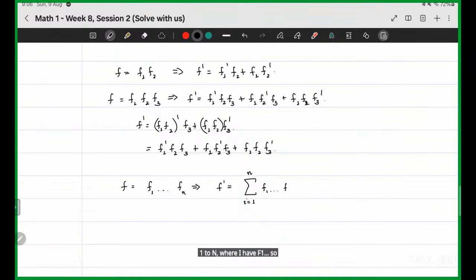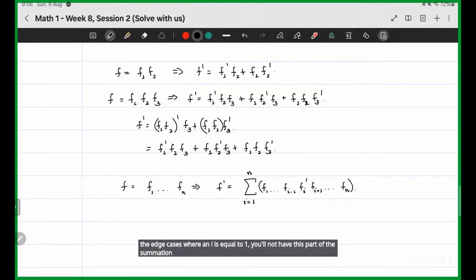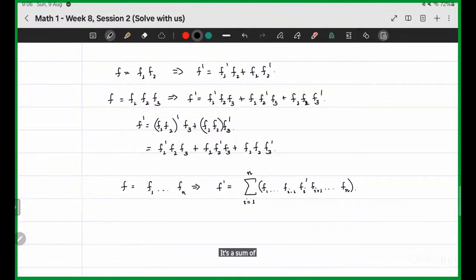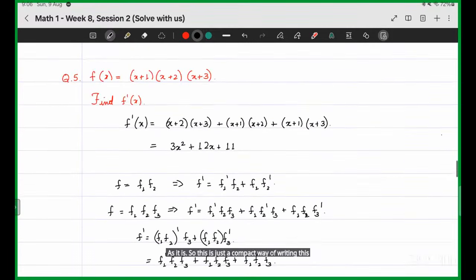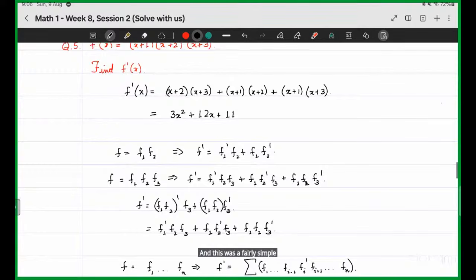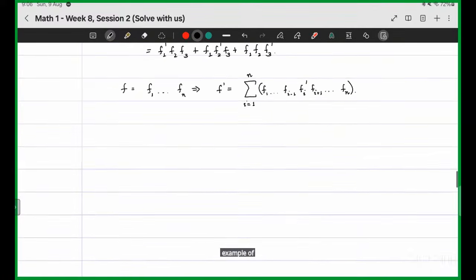When we usually write this, for the edge case where n is equal to 1, you'll not have this part of the summation. It's a sum of n terms, and in each term, you are differentiating one thing and leaving the rest as it is. So this is just a compact way of writing this. And this was a fairly simple example of that. All right.